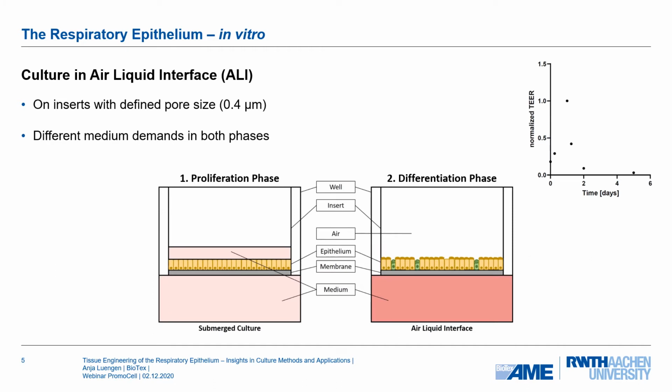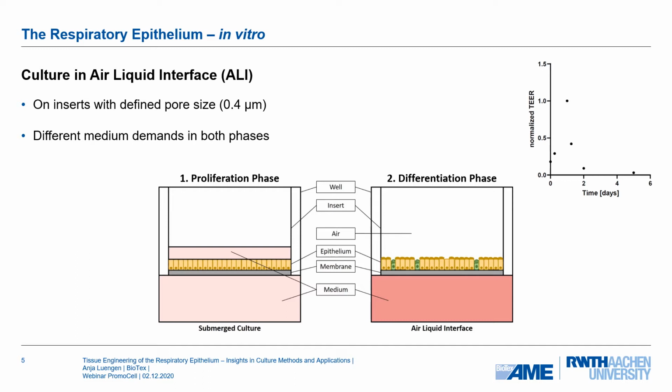In vitro culture of respiratory epithelial cells is divided in two phases. In the initial proliferation phase, the cells are cultured under submerged conditions in order to receive a confluent layer. Successful differentiation requires formation of an epithelial barrier that is dependent on confluency.